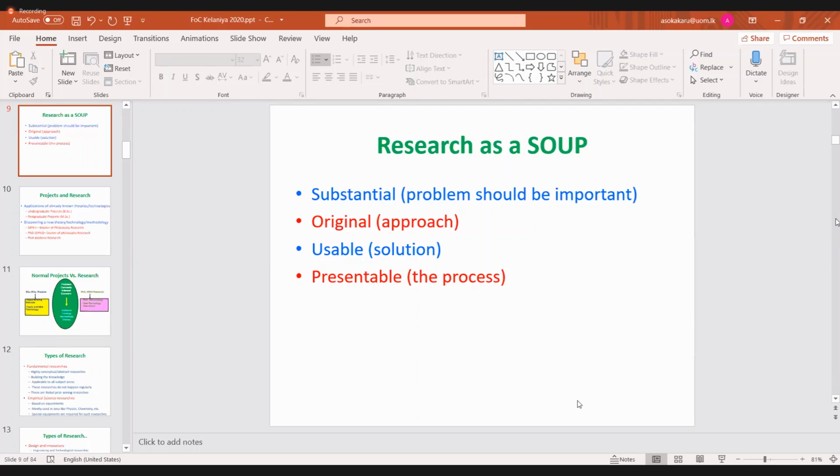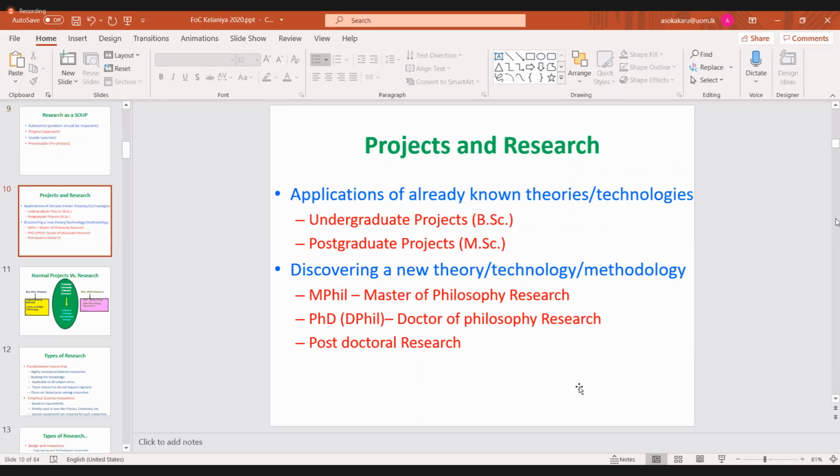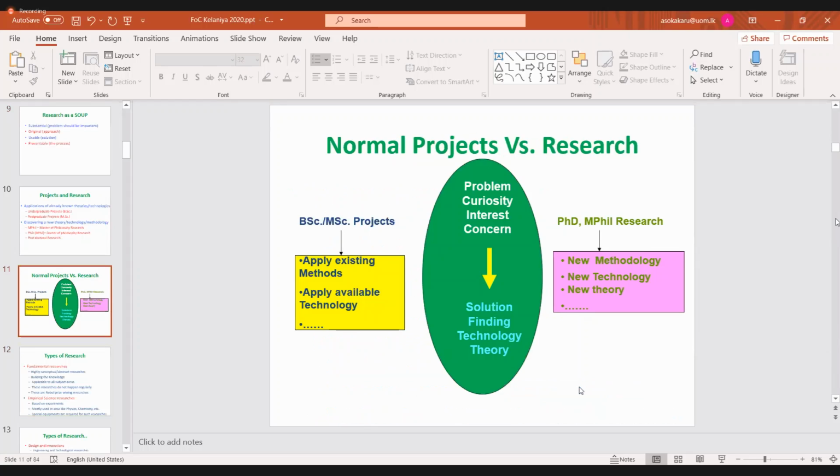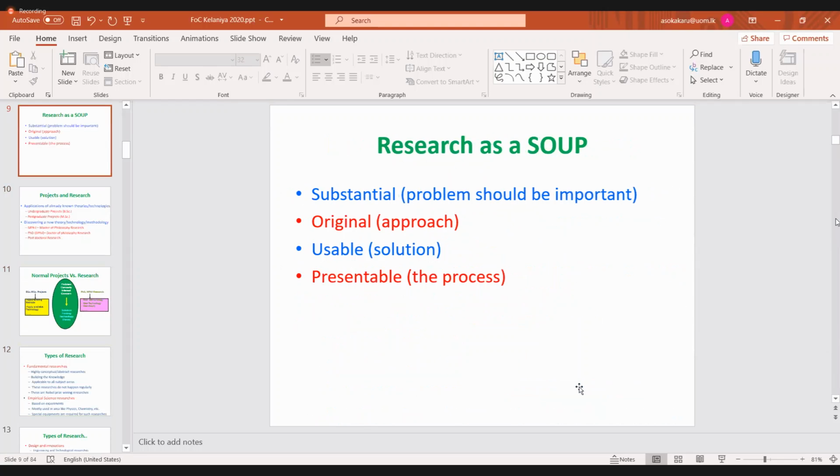Many students find difficulty in verbal and written presentation of their research work.